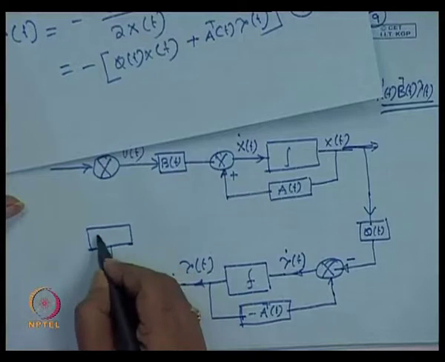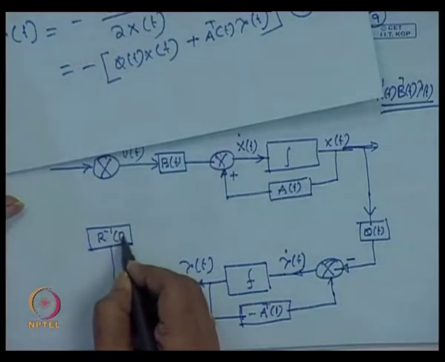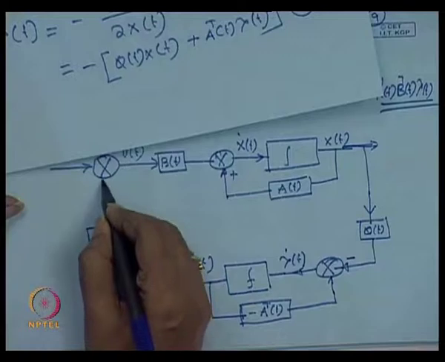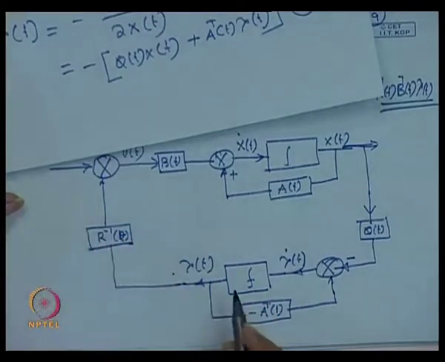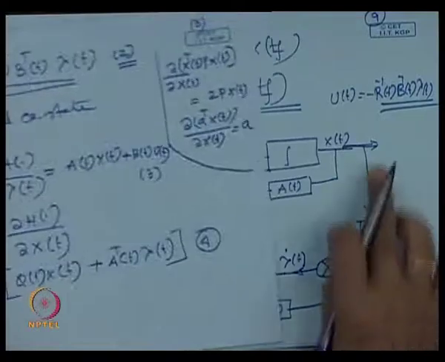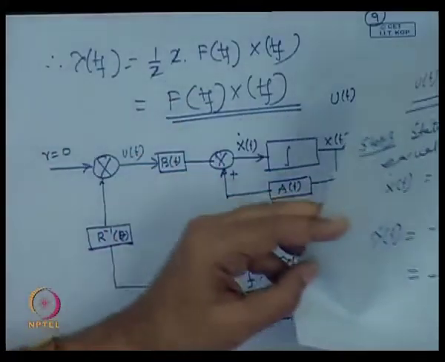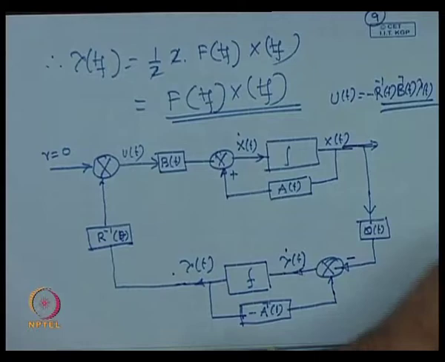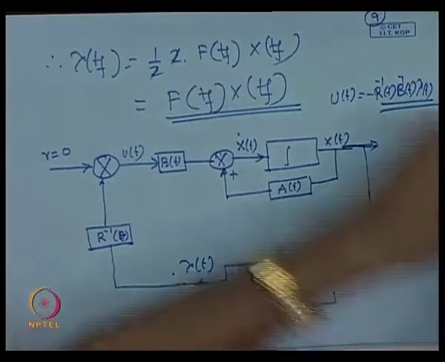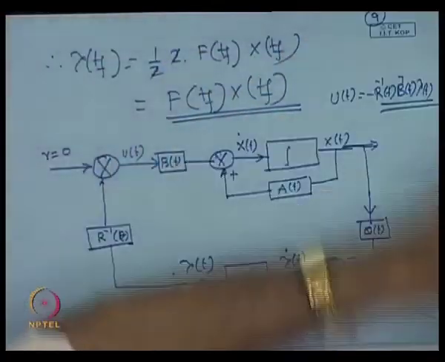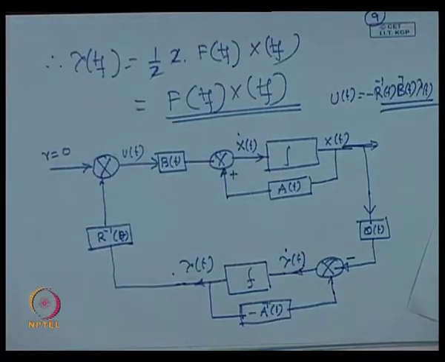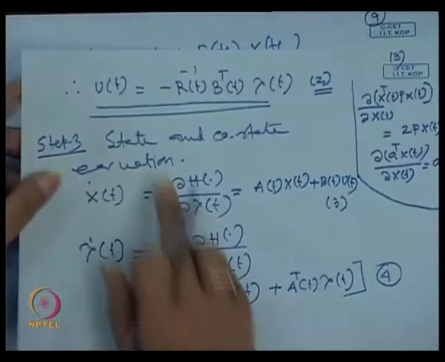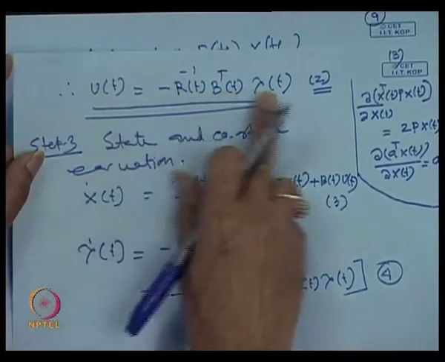This is the R inverse of t, you see, because what is this u of t? Just now we have calculated u of t by the necessary condition, page number 3: u of t is equal to minus R inverse B transpose lambda of t.